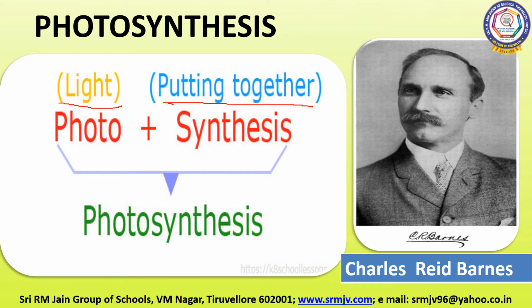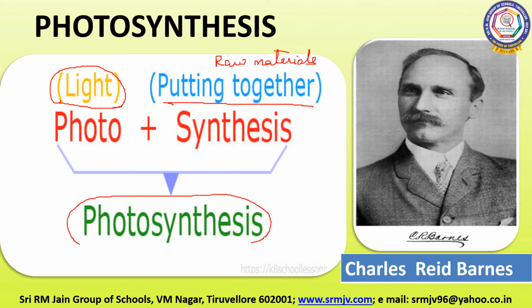Here the plant puts all the raw materials together with the help of light and prepares its food. That process we'll call photosynthesis. This term was proposed by Charles Reid Barnes in the year 1893.